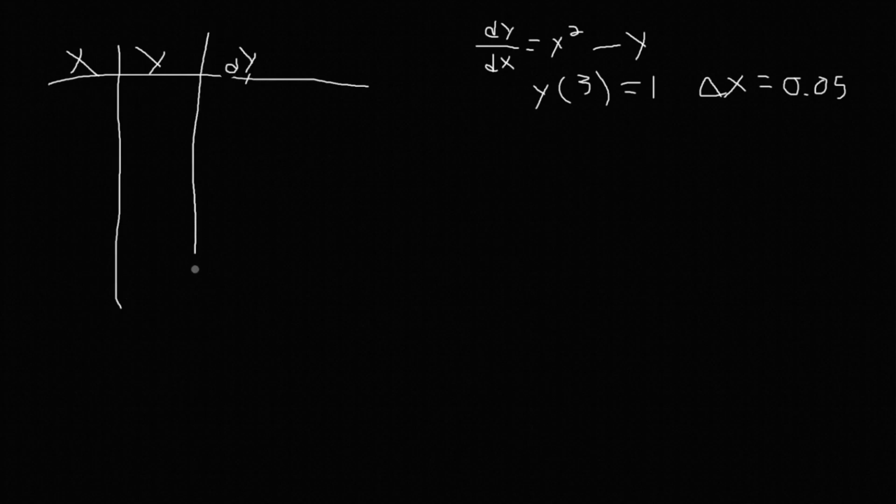So our first point is 3, 1. And now we will say dy/dx is x squared minus y. So let's substitute that in. And we're just going to go 3 additional points. So 1, 2, 3.